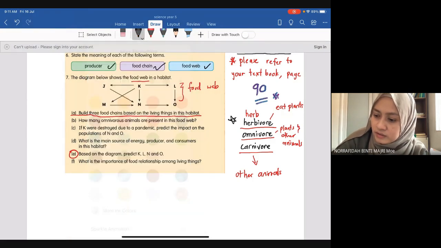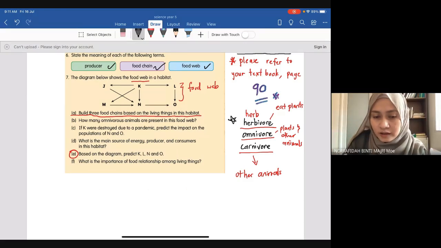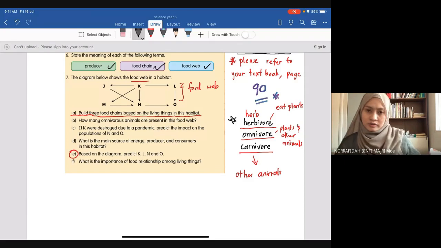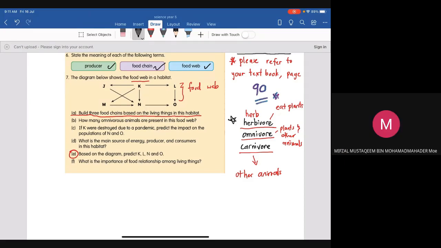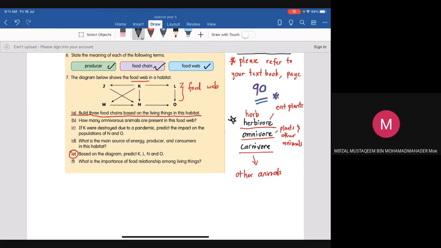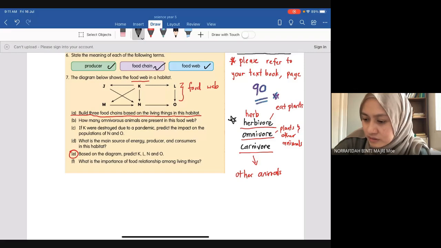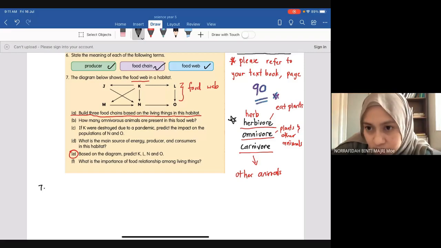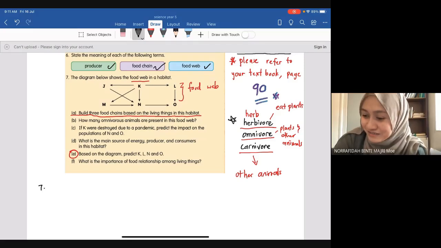Look at the arrows, "eaten by". Make sure the letter does not eat anything else. Who knows the answer? K, yes, very good. The answer is K. K is the producer.